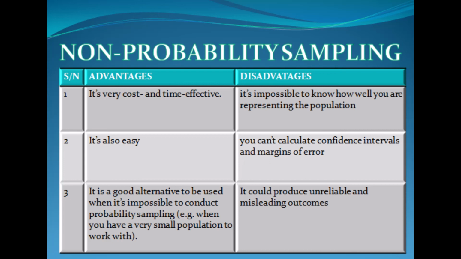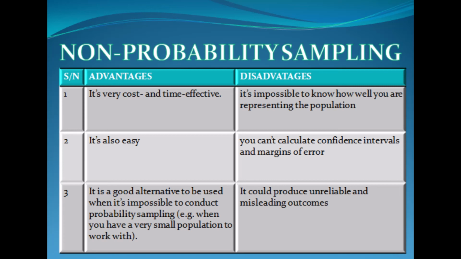That means that we can save time and we can save cost. It is also easy to use and can also be used when it is impossible to conduct probability sampling.